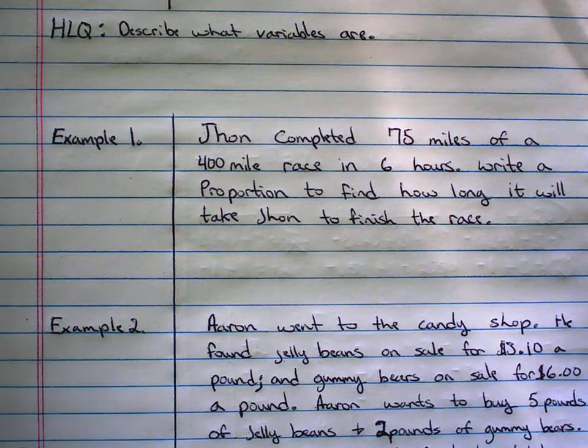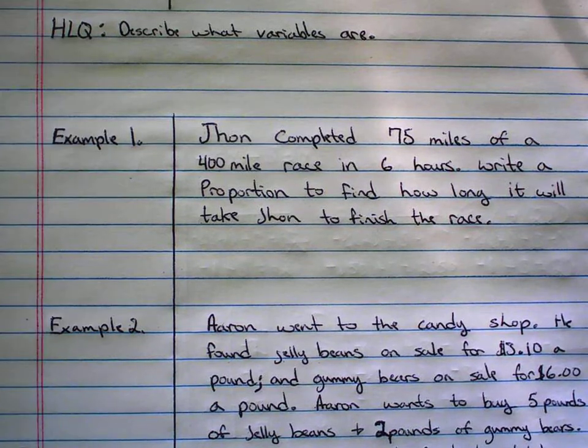Now, if you remember, we talked about functions and proportions on Friday in example number 2, and we said that a proportion is just a little bit different, but it's the same type, it's the same writing of a function. It just looks different. It does the same thing, but it looks different.